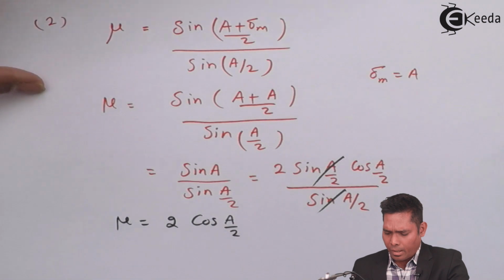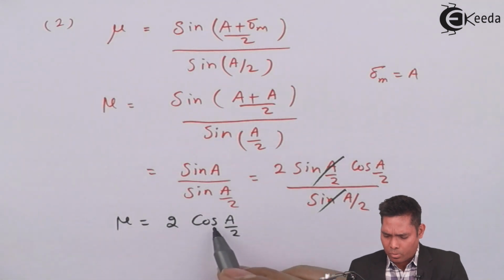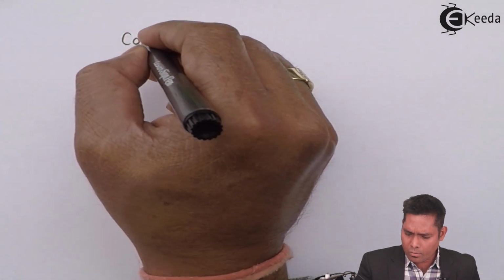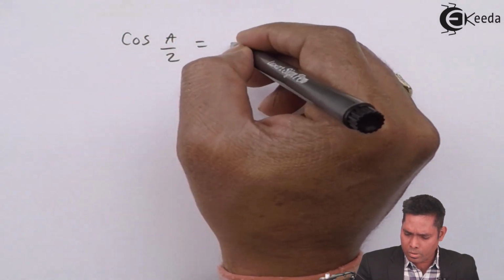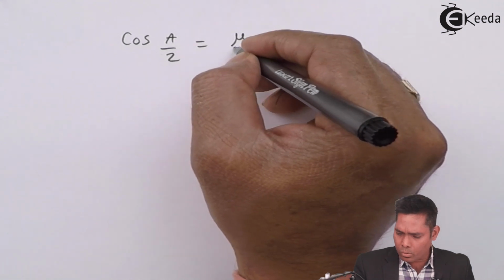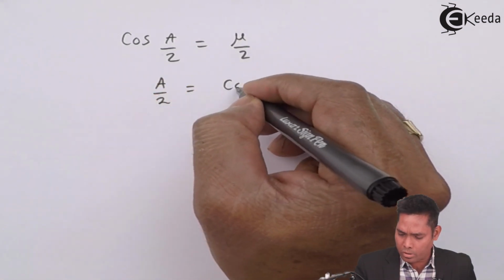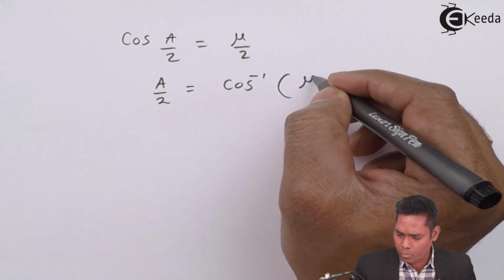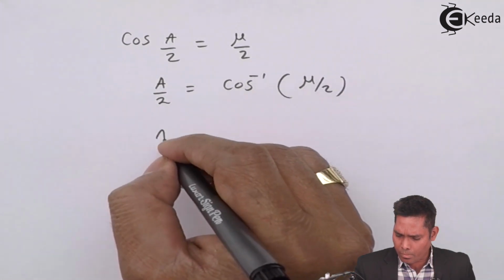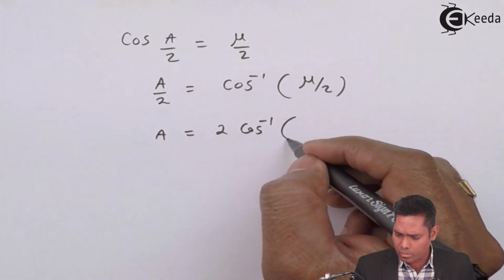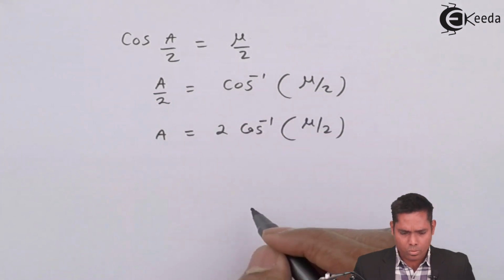So cos A by 2 is mu by 2, or A by 2 is cos inverse of mu by 2. So A equals 2 cos inverse of mu by 2.